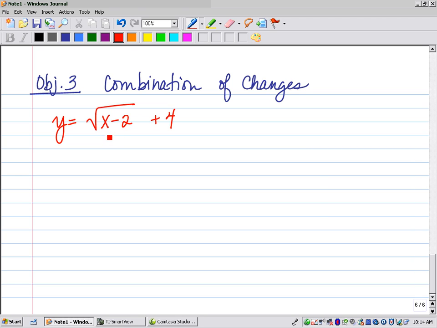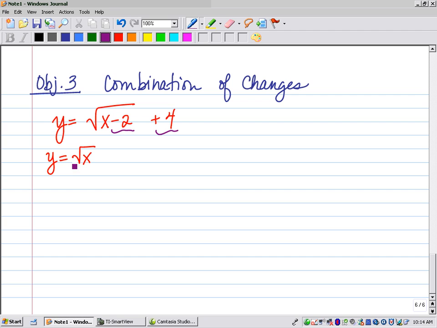And you have to recognize the basic function, any inside change and outside change, so to speak. Well, the basic function is y is equal to the square root of x. So notice that we have two changes. We have this inside change and this outside change. The outer number is going to be the number that shifts it up or down. The inner number shifts it left or right.